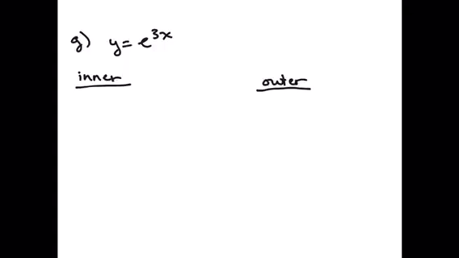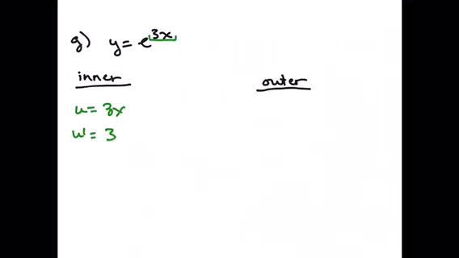Okay, y equals e to the 3x. So we know how to take the derivative of e to the x, it's e to the x, but in this case we have an inner function because we have a 3x instead of just an x. So we'll let u be 3x, then u prime is 3.